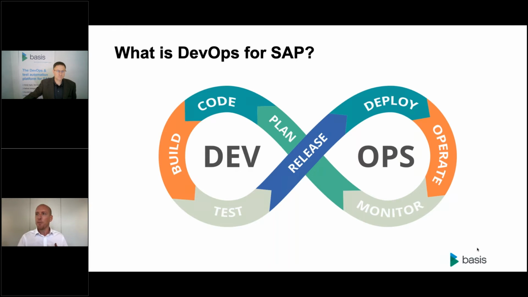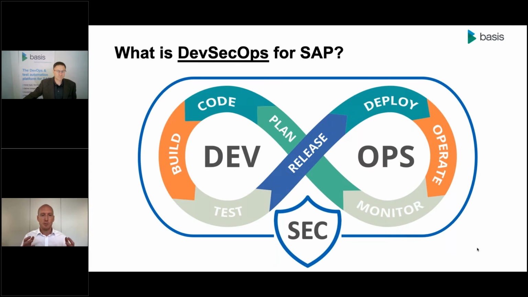So what is the difference between the two? What specific things in this area of security change a DevOps process to make it DevSecOps? And again, what about in SAP? Is this sec aspect, the security part, different there to other DevSecOps processes? So what are we thinking about when we say DevSecOps here?